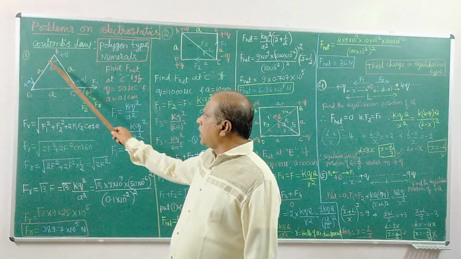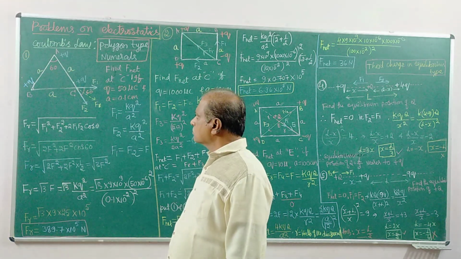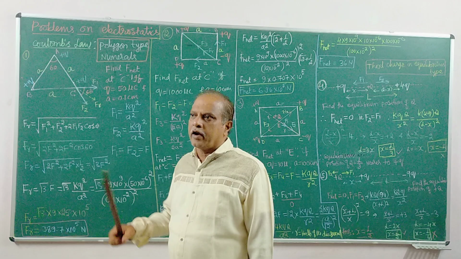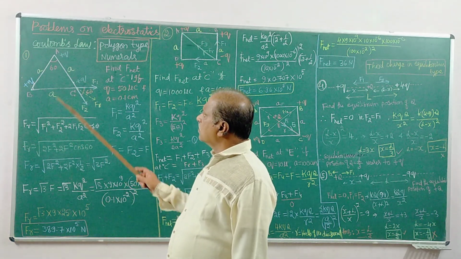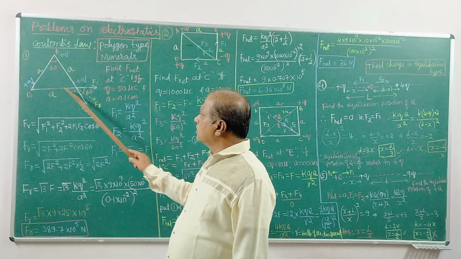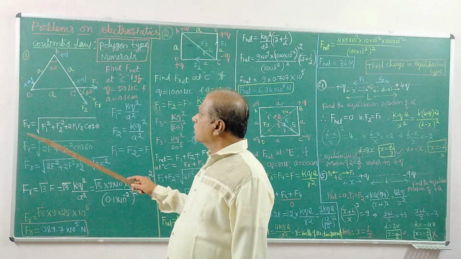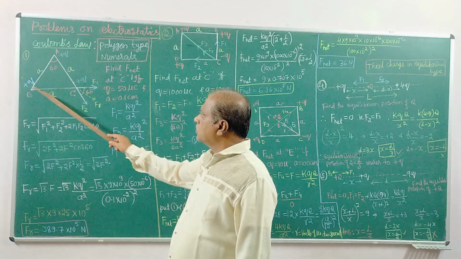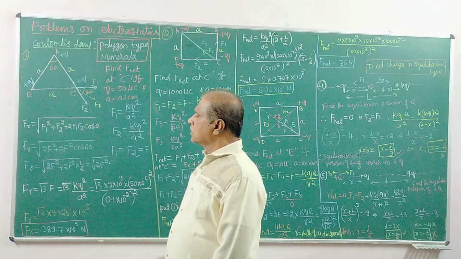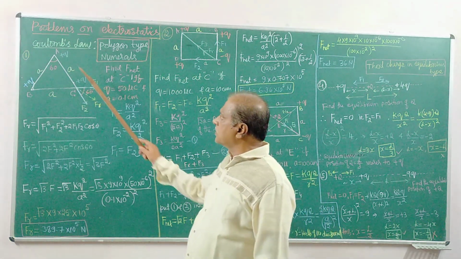That is, all angles are equal, all sides are equal. The vertices are A, B, C. The charges are arranged at the vertices. The charges are plus Q, plus Q, plus Q: same magnitude, same sign, plus.